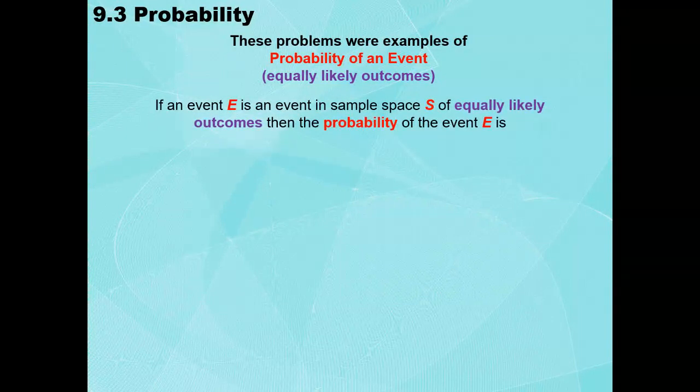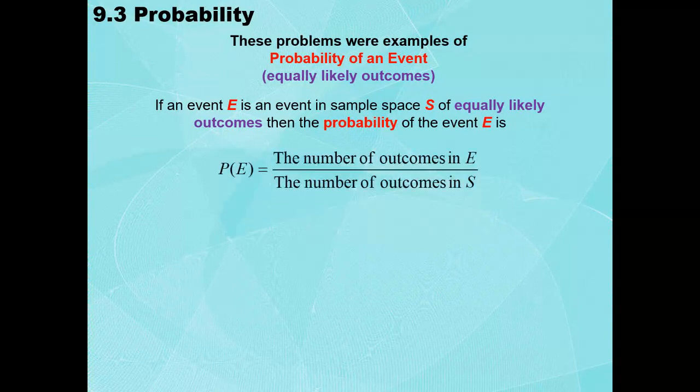So if E is an event in a sample space S of equally likely outcomes, the probability of the event E, written P of E, is the number of outcomes in E over the number of outcomes in S. That is, how many times can that event happen, over how many possible outcomes there are.